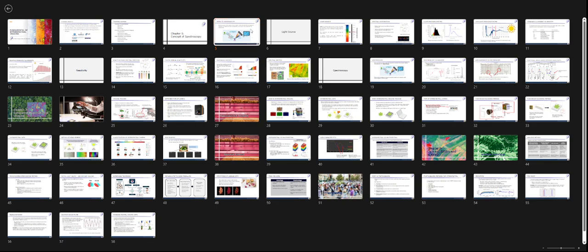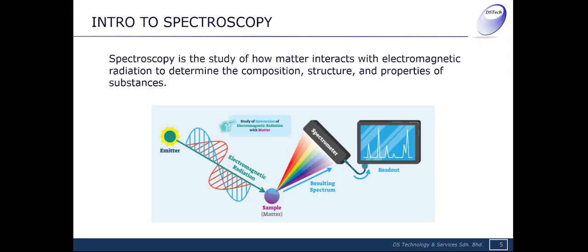In industry, it would be a laser shooting at the sample, and you scan an IR range to identify the molecule, for example. So this is how it's usually done.